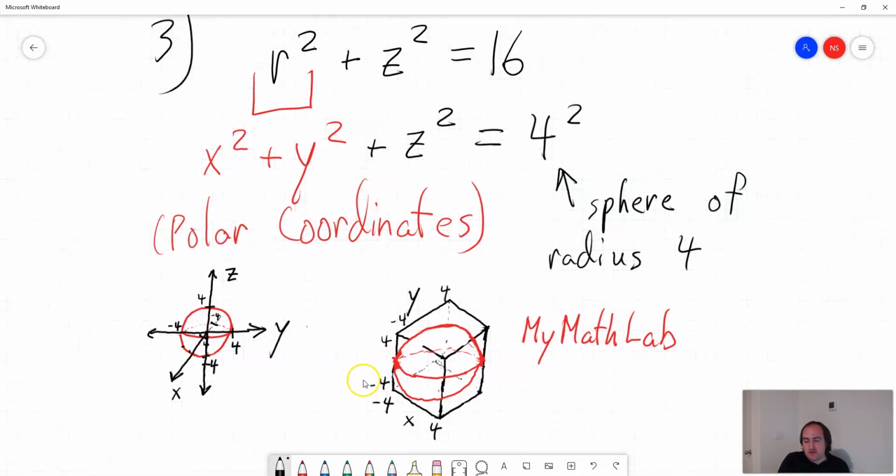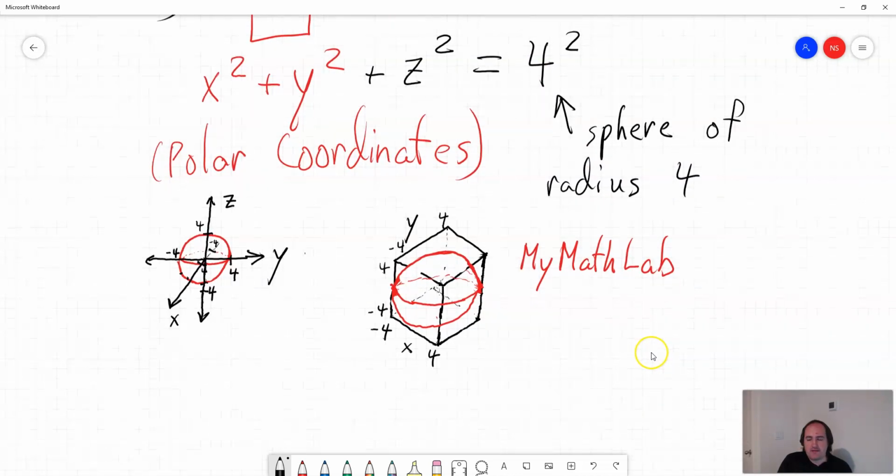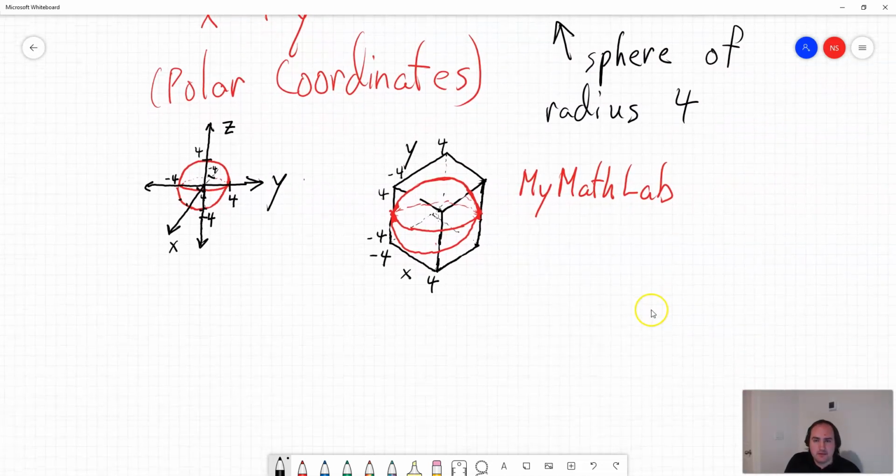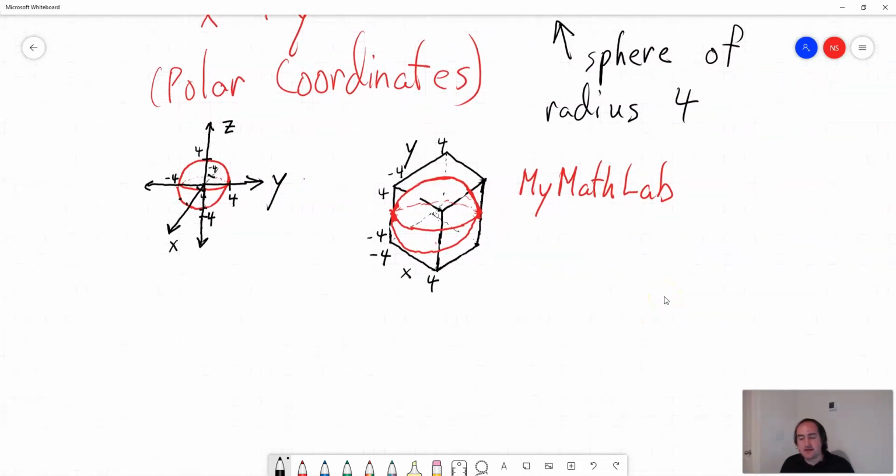Now, there are graphing utilities that you can use to help you with these. I don't know of a graphing utility that will accept it in this form, r² plus z² = 16. But a graphing utility I really like to use that's a 3D grapher is called Geogebra 3D. And this is assuming you don't want to try to sketch them by hand like I have been.